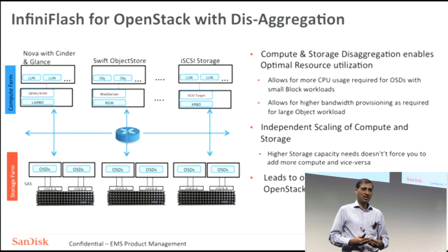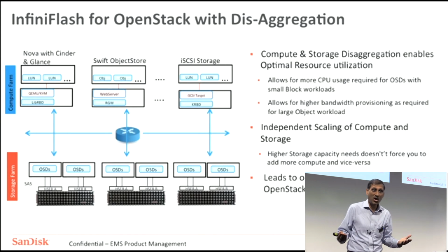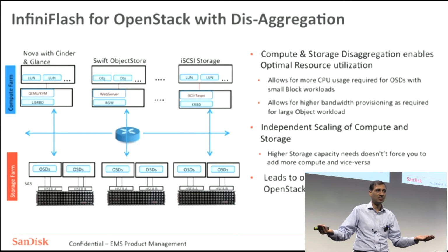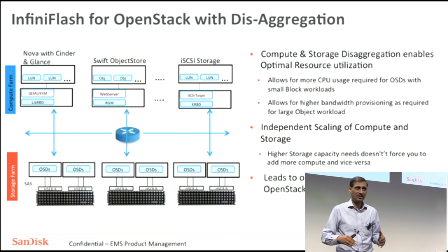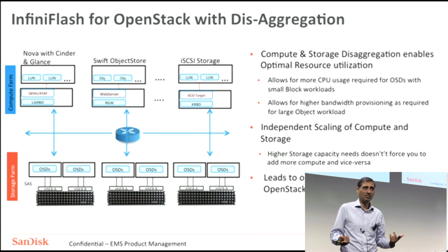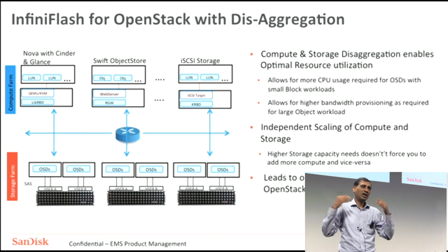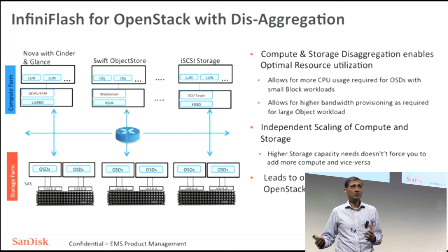So when you need more processing power, you have to add more nodes, adding more capacity to it, even if you're not going to use that capacity, and vice versa. Sometimes you change your replication policy to add more protection, so you need a lot more capacity, but you don't need all the processing power that goes with it. And at a very large scale, it becomes expensive to pay for resources that you're not using.